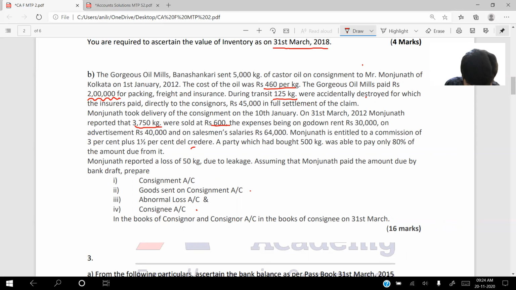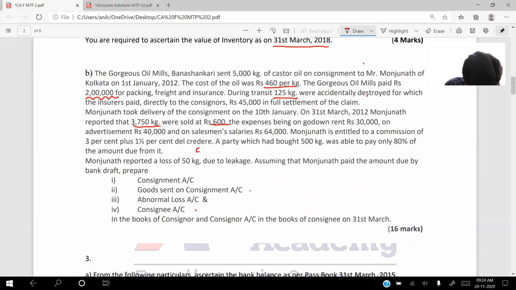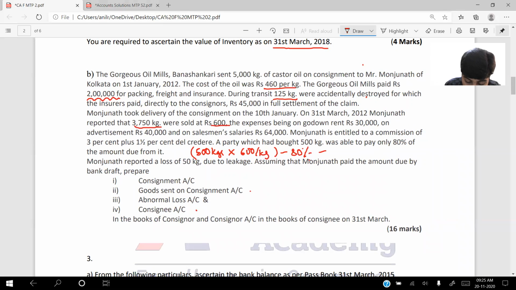So I do 3 lakh minus 80%. They didn't pay 60,000.